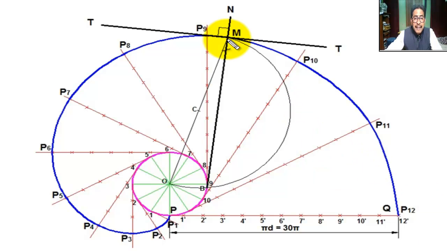Okay. Now we mark any point on the involute curve.